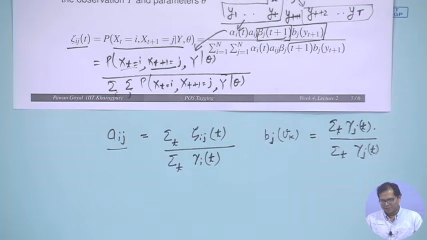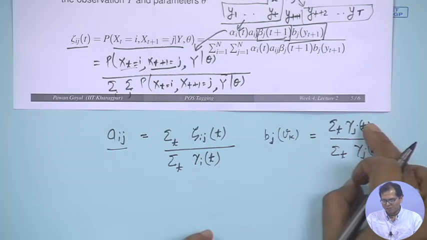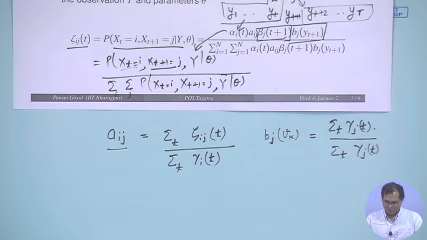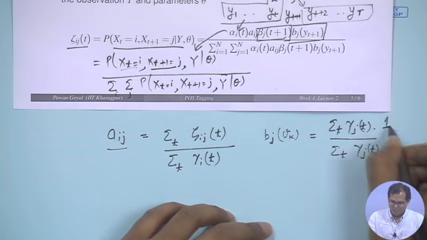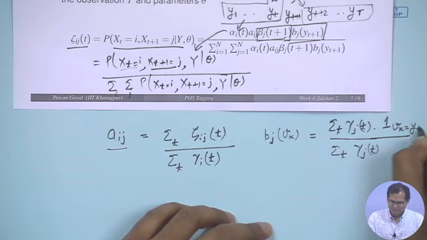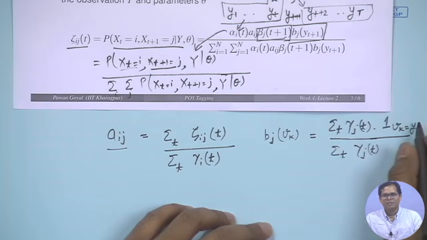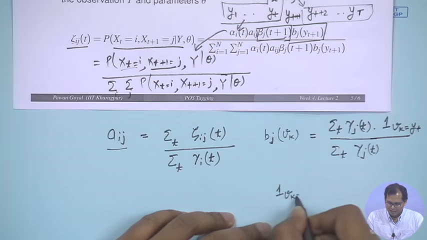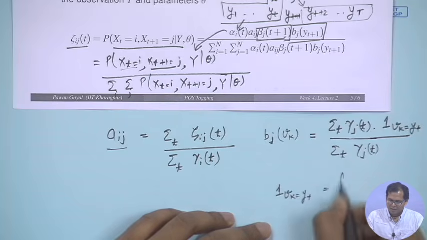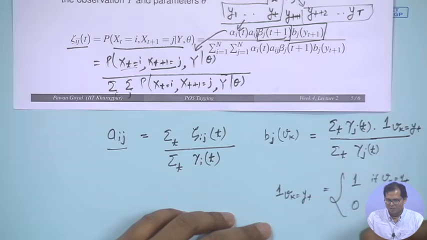Now, at time t the observation is small yt. So, I can use some sort of a simple notation, an indicator function, 1 vk is equal to yt. What indicator function? 1 vk is equal to yt will be 1 if vk is actually yt and 0 otherwise.